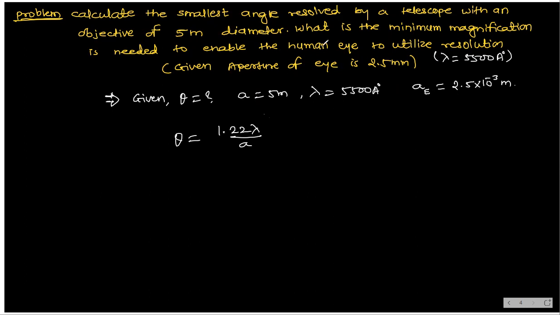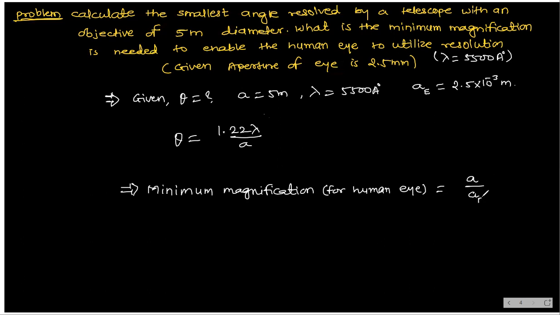Next part, what he is asking, what is the minimum magnification needed to enable the human eye to utilize resolution? तो मिनिमम मैग्निफिकेशन for human eye is equal to aperture of objective divided by aperture of eye.